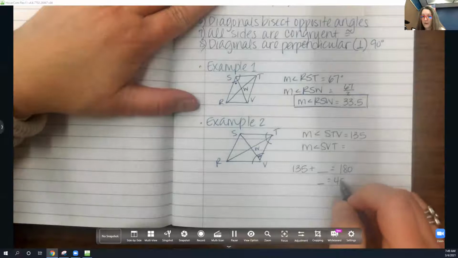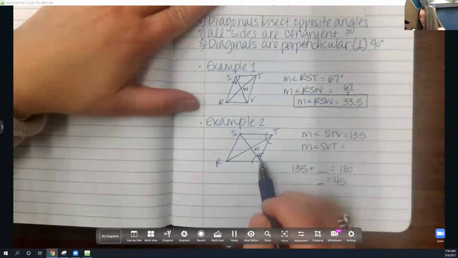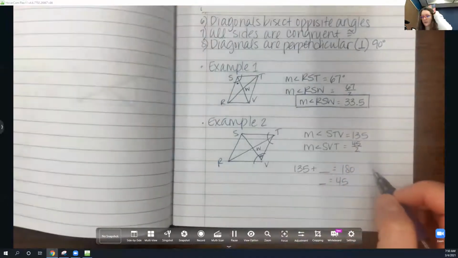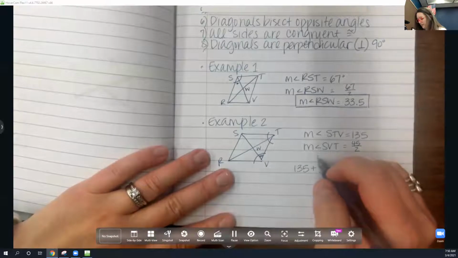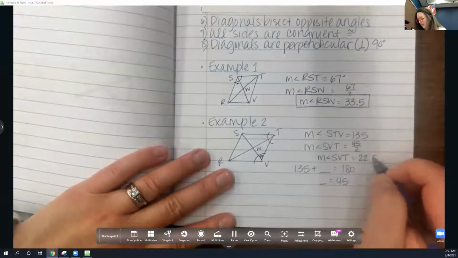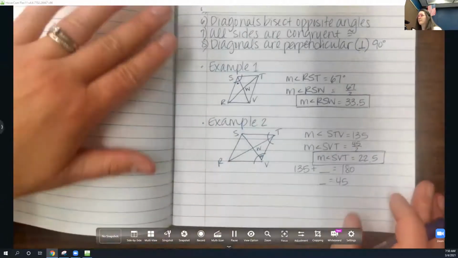So that's 45 degrees, right? So if this is 45 degrees, I want to find half of that. So I'm going to do 45 divided by 2. That gets us 22.5. So the measure of angle SVT is 22.5. Awesome. All right, let's move on to squares.